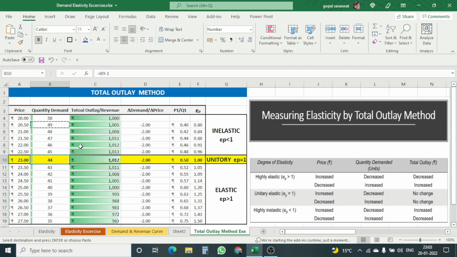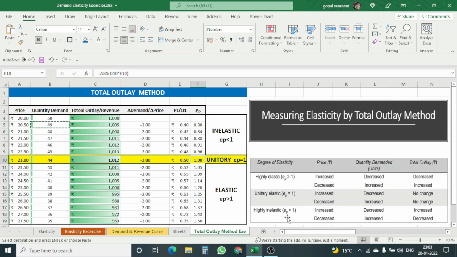My earlier revenue is 1013 and now this is 1012, almost the same. There is almost no change, and you can see that my calculated elasticity is 1.